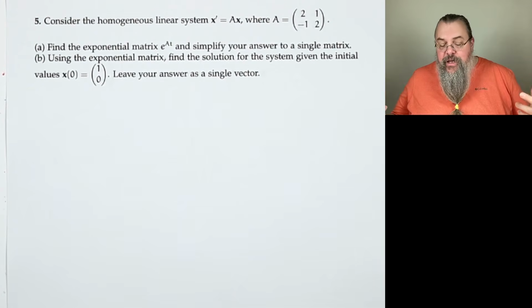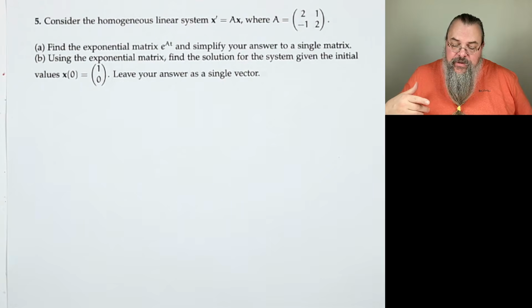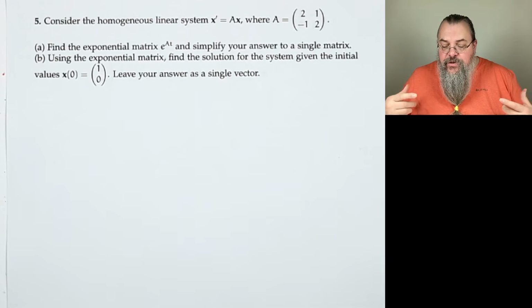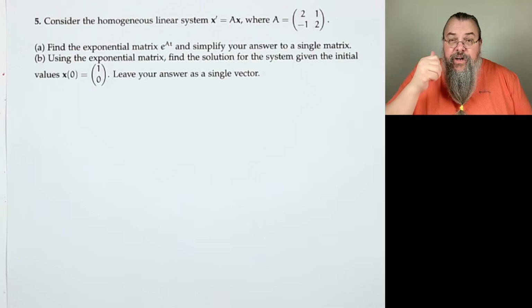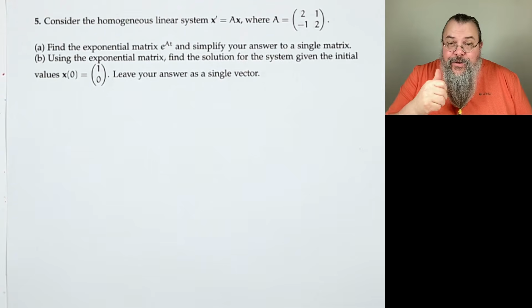And then there's a part B. Using the exponential matrix, find the solution for the system given the initial values x of 0 equals 1, 0. Leave your answer as a single vector. So one vector to rule them all.